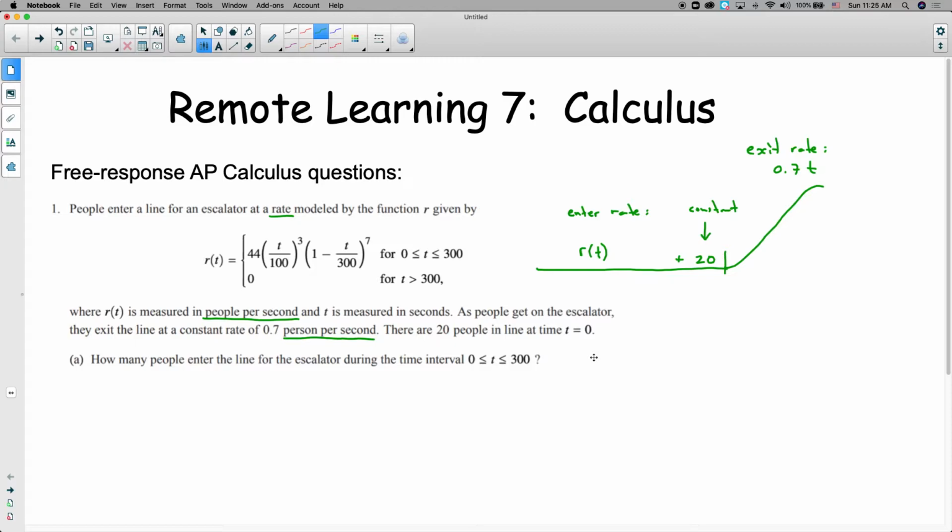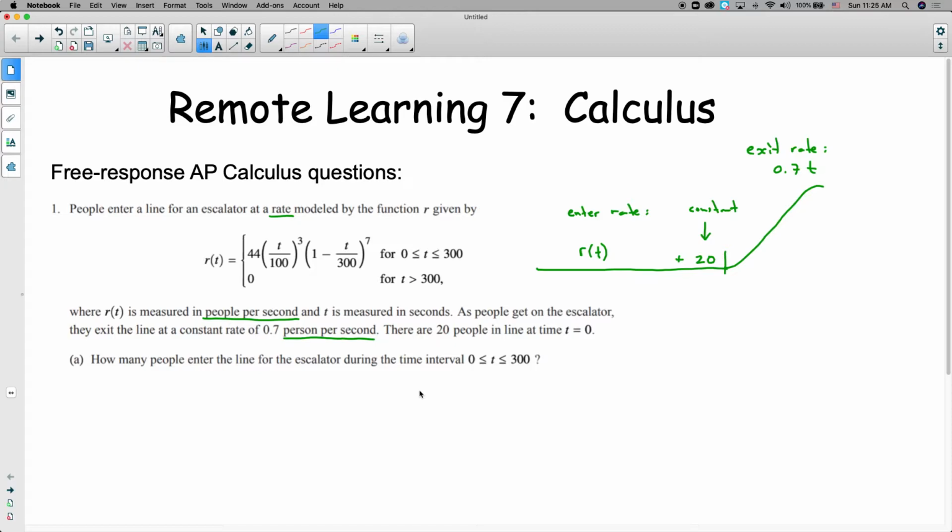Okay, so let's tackle the first question. And the first question is, how many people enter the line for the escalator during the time interval from 0 to 300? Okay, so then this is integral calculus. So what you would need to remember at this point is that the integral of rate of change gives total change.